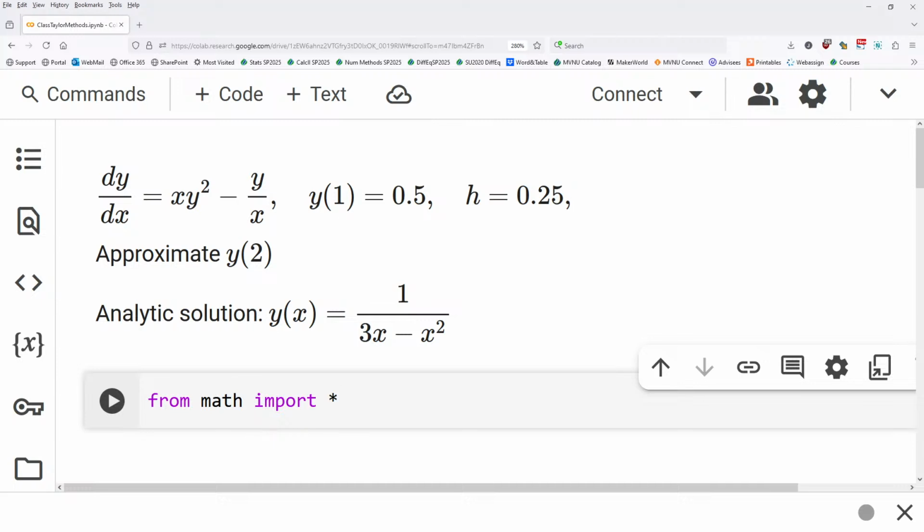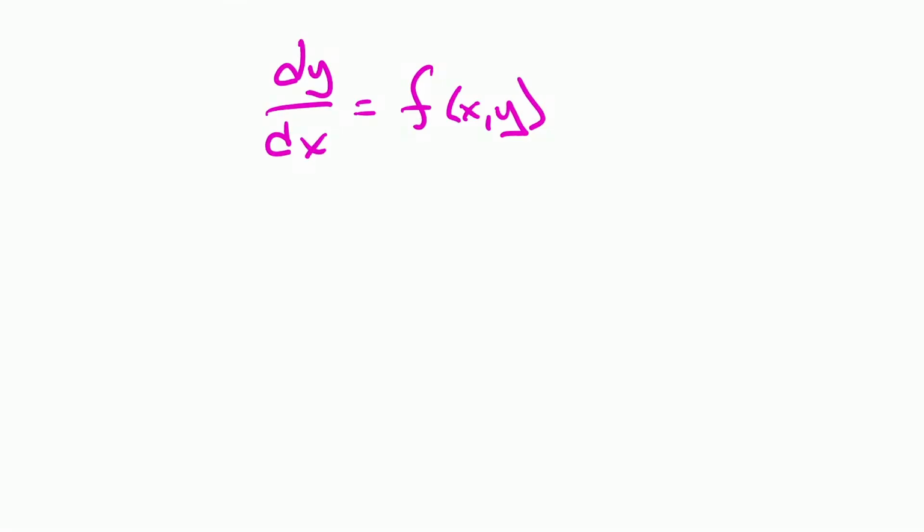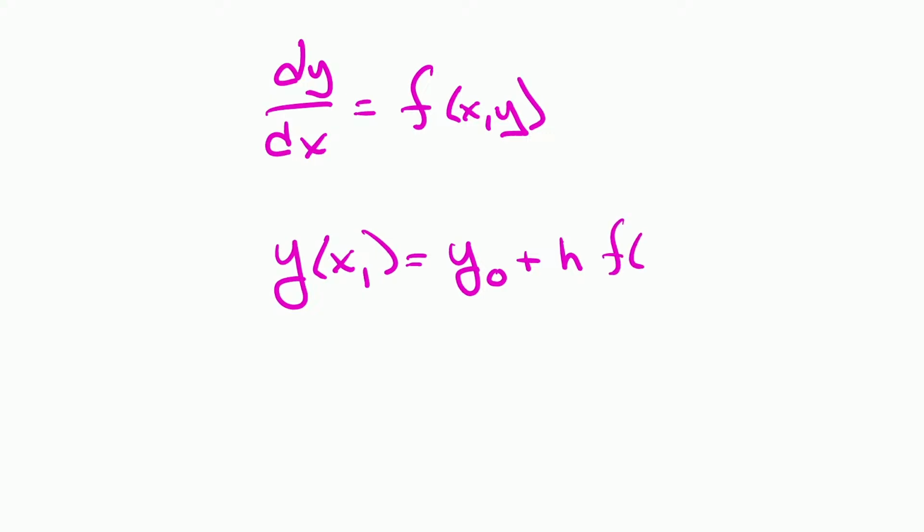So here's the idea. We're going to just take little steps, and we'll actually program this. It won't take long. We'll use Taylor's method of order 1 first, which is Euler's method. So Euler's method says that y of x1 is equal to y0 plus h times f of x0, y0.